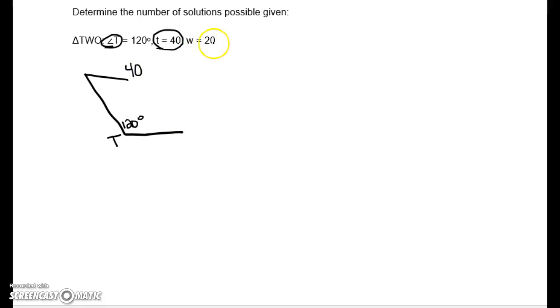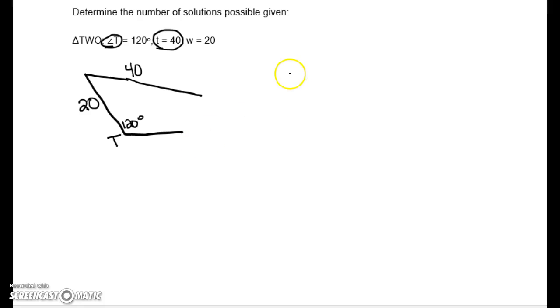And then the side W, which is 20, always goes on the left side there. So I know that this is going to look really disproportionate, but remember, we're just sketching the triangle. We don't know what it's going to look like yet. So this might look super awful. I know that 40 is bigger than 20. So if it helps your brain, maybe just extend this a little bit longer to look something like this, if that makes your brain a little bit happier.